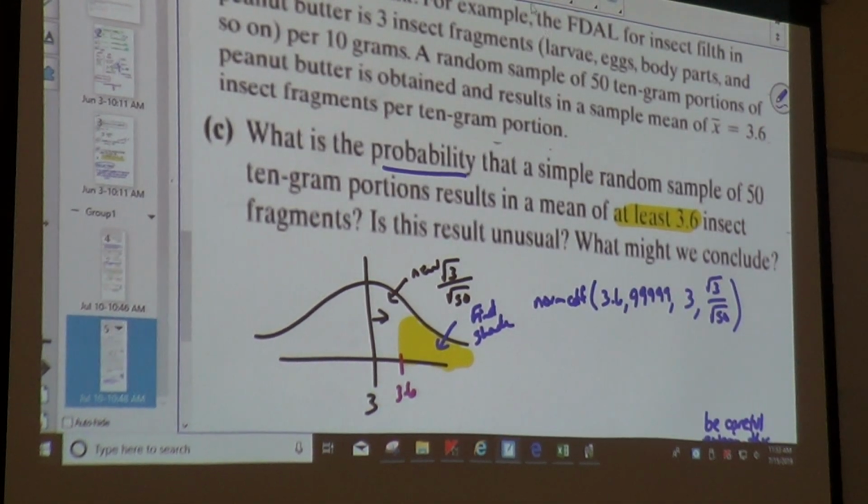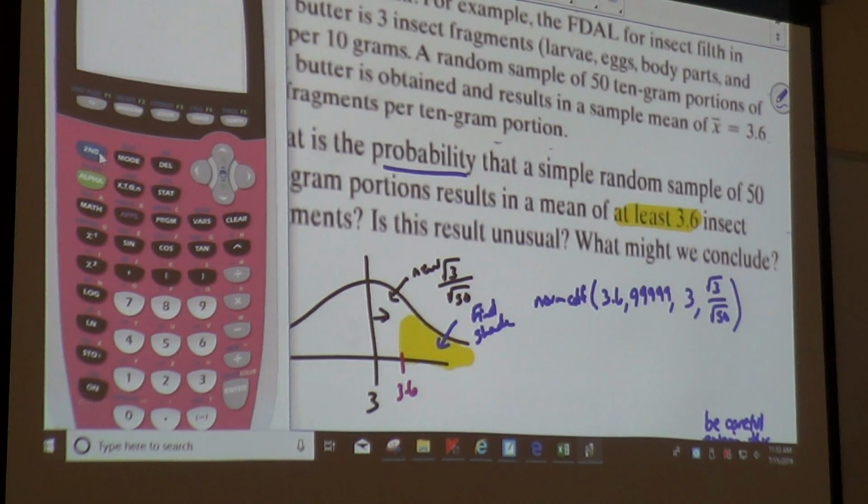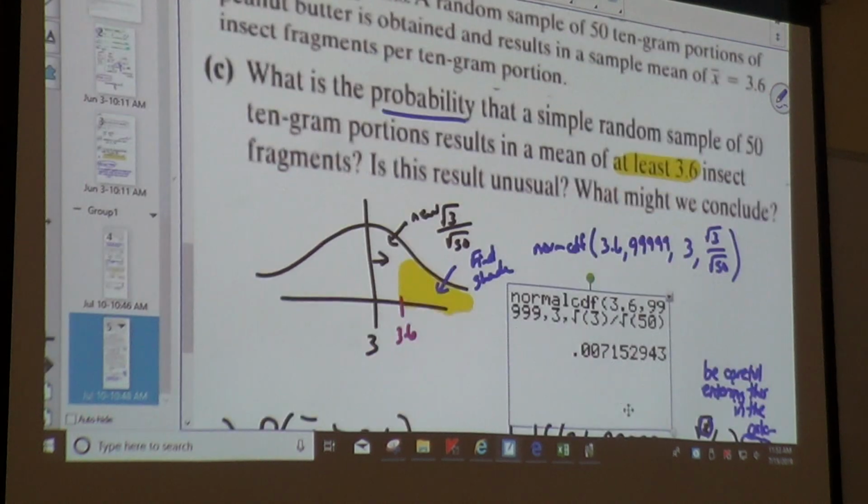Now, when I do that in my calculator, second vars, normal CDF: 3.6 is my shade to the left, 99999 is my shade to the right, 3 is my mean, square root of 3, close it, divided by square root of 50, close it. That was the answer I was looking for.